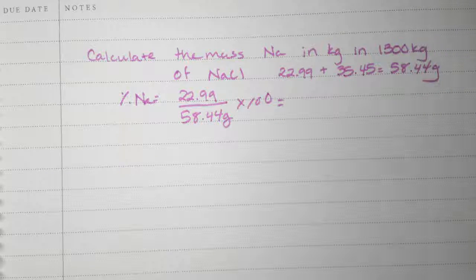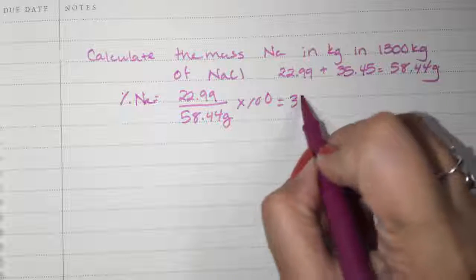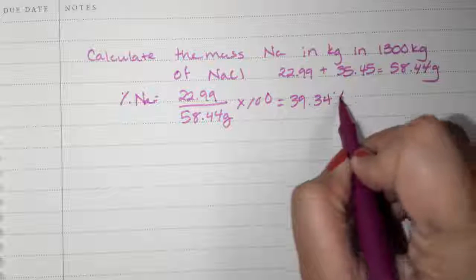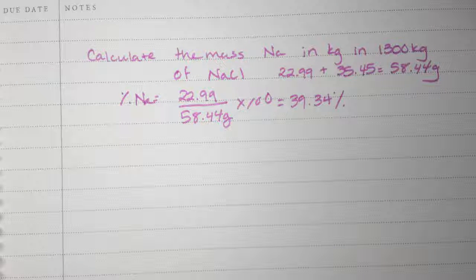And when we do this, we should get 39.34%. So this means that out of any sample I get of sodium chloride, 39.34% will always be made up of just sodium. That means the remaining amount, so roughly 60%, is chlorine.